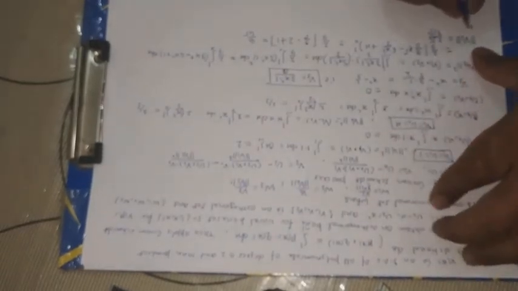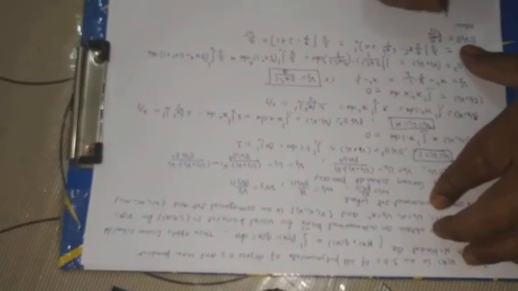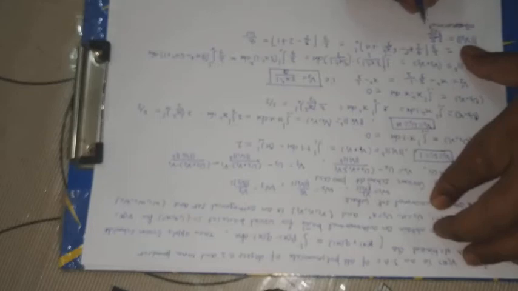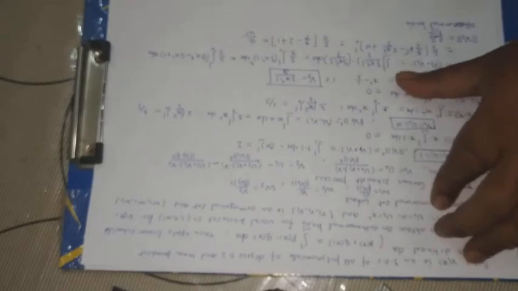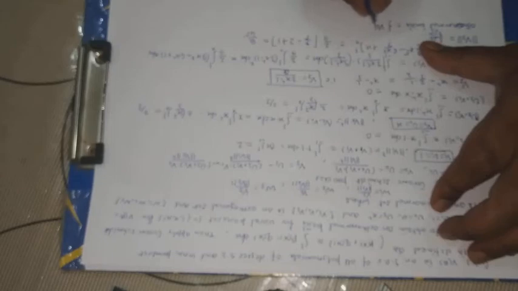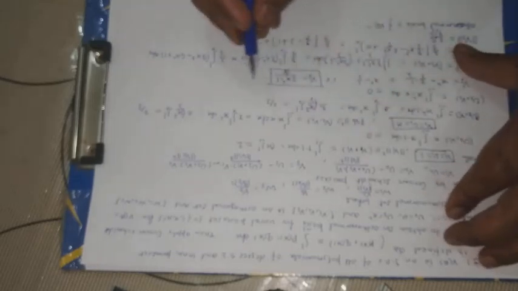Hence, the orthonormal basis can be written as W1 is equal to V1 upon the value of V1, which is 1 upon V1 norm.